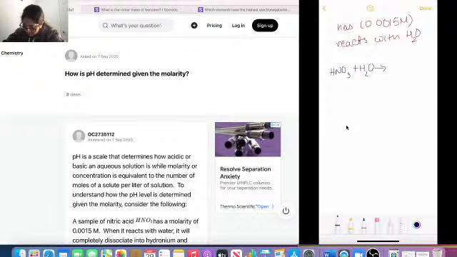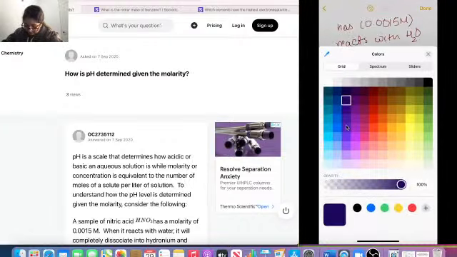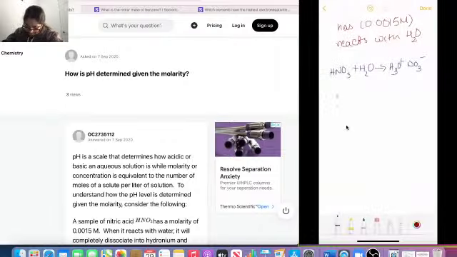This would give us our hydronium ion, which is H3O plus, plus our nitrate ions, NO3 negative, right? And so assuming we have 1 liter of the solution, so let's say here we have given volume is equal to 1 liter.